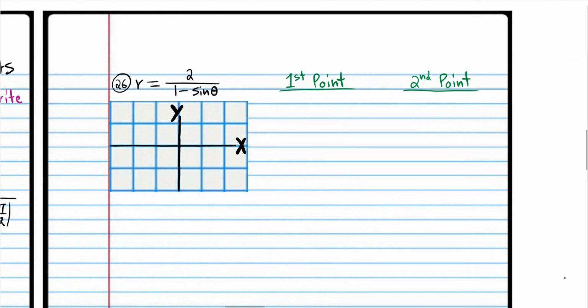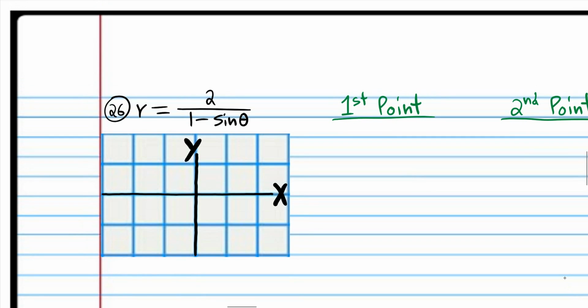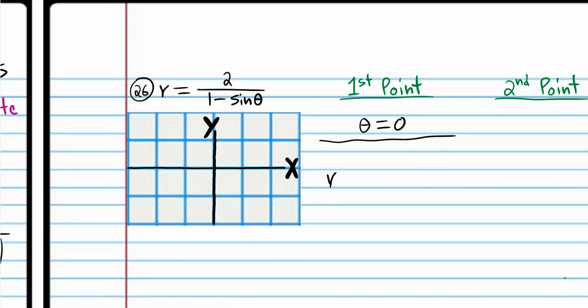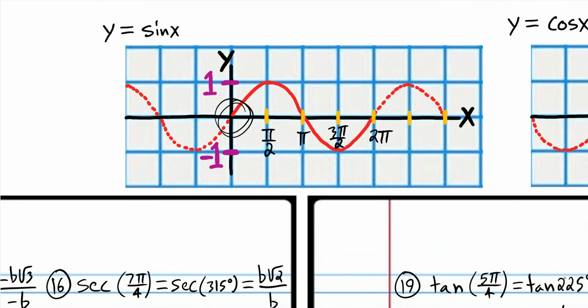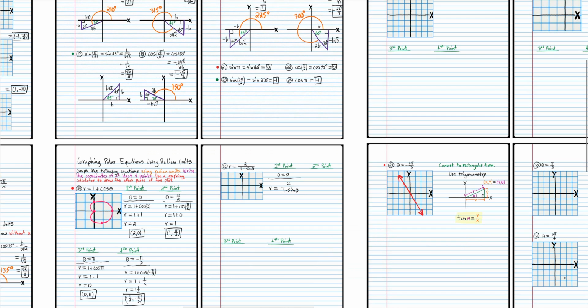Before you try one on your own, let's attempt one more of these problems. As usual, we're going to try 0 radians for theta, and r is equal to 2 over 1 minus sine 0 radians. And what is sine 0? Well, we can look right up here. Sine 0 is 0. You should be very familiar with using those curves.